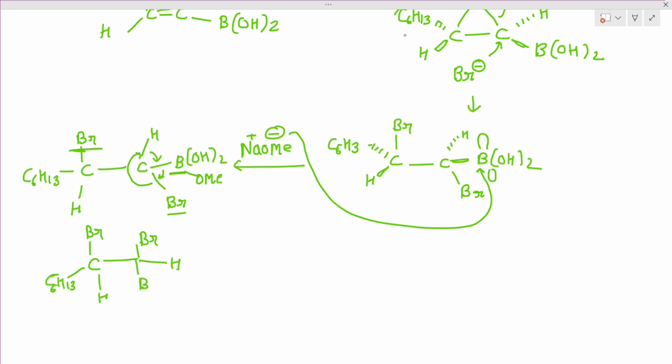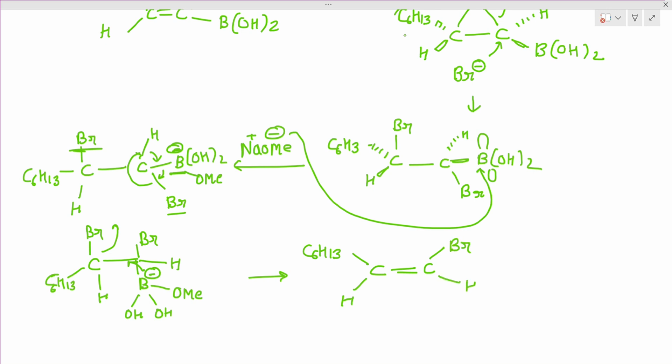And this is B, OH, OH and OMe. This is negatively charged. So now this bond will move here and this bond will move here. So we are getting C6H13, this is hydrogen. There will be a double bond and this is bromine and this is hydrogen.